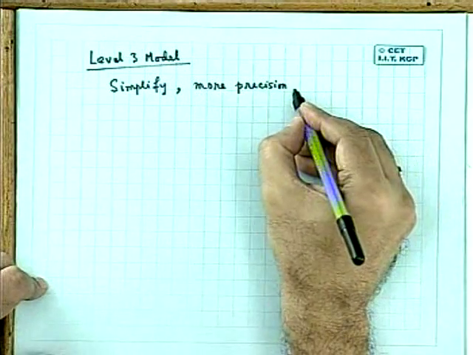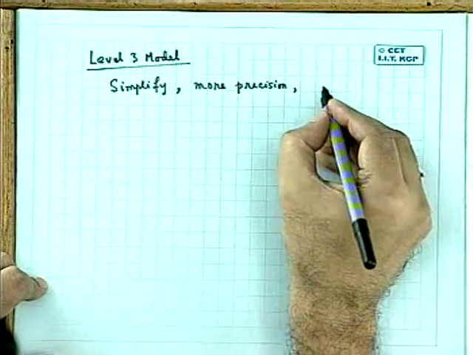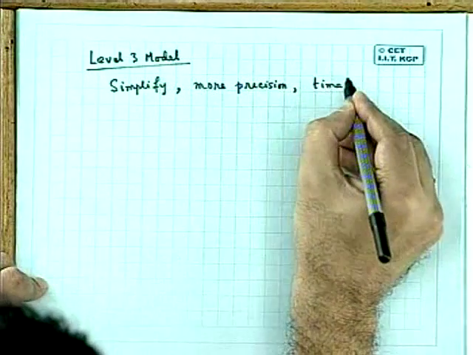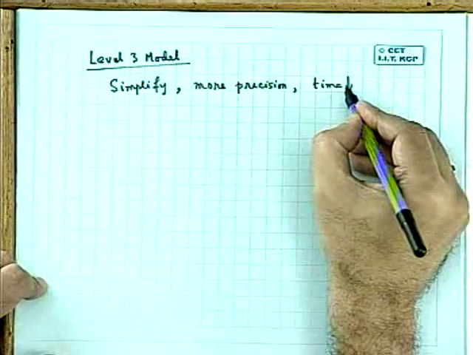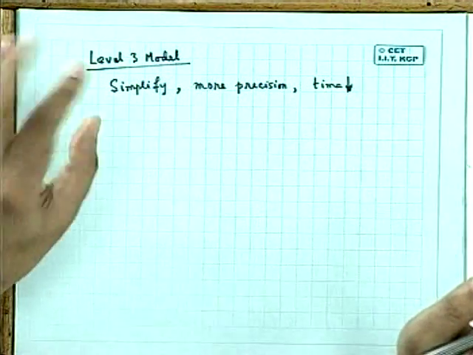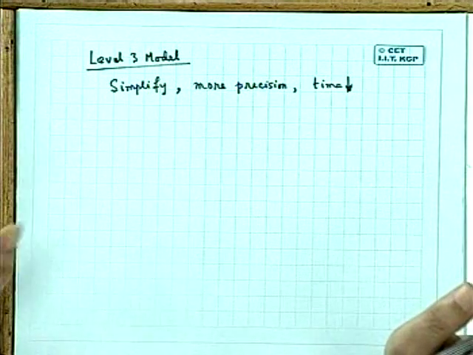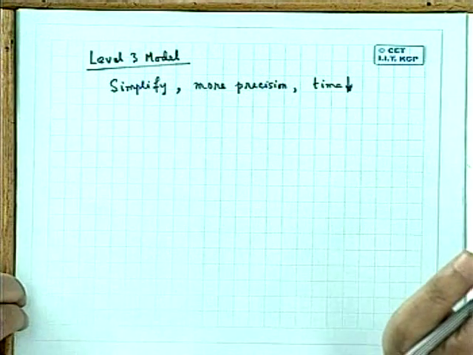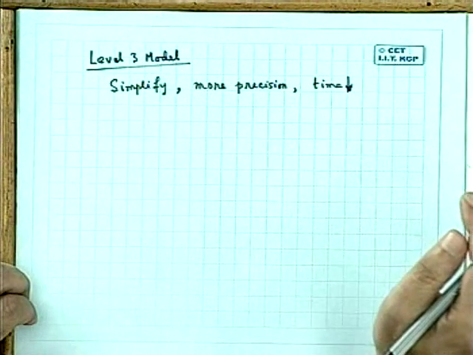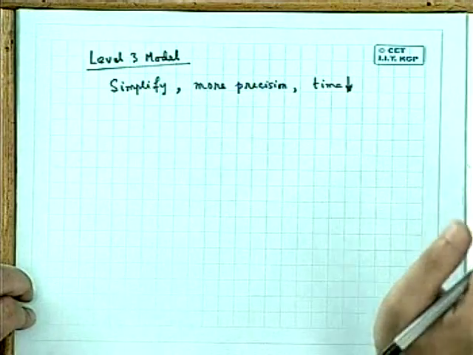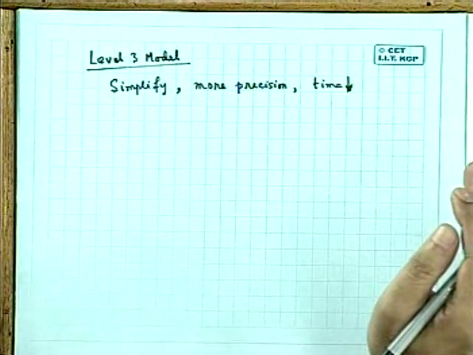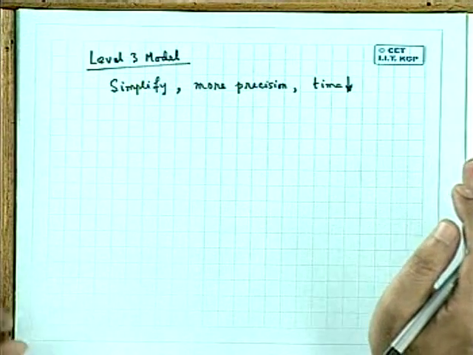Naturally, simplification means reducing the time of computation. So these are the three things. One is the whole thing should be much simpler and not as complex as level 2. At the same time, though it is simple, it must be quite precise, in fact more precise than level 2, because we have to use such models for micron or sub-micron devices.